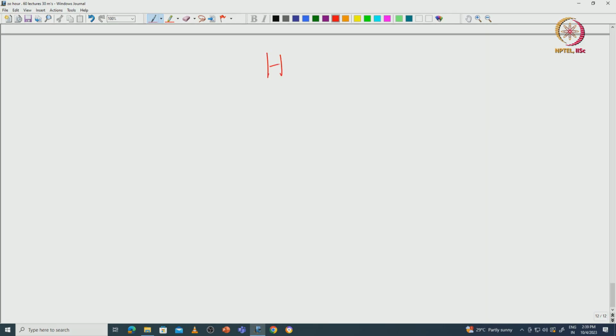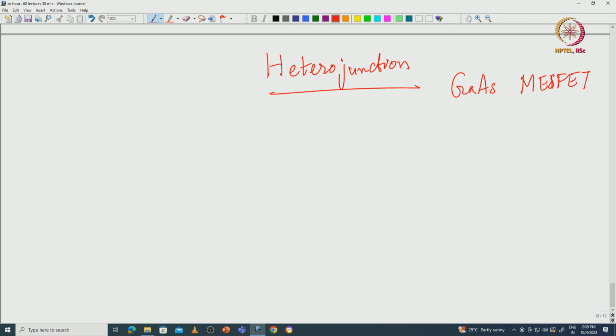So today we shall try to recap some of the basics of heterojunction. The reason is heterojunction devices are some of the critical device technologies used in today's RF systems. For instance, gallium arsenide technology has gallium arsenide MESFET, gallium arsenide HEMT. There is also pseudomorphic HEMT based on this 3-5 family, and then there is gallium nitride HEMT.